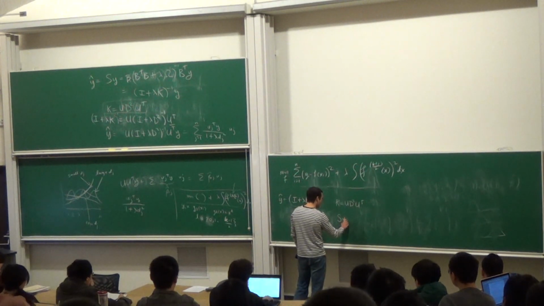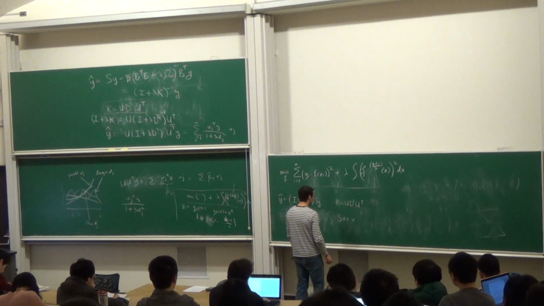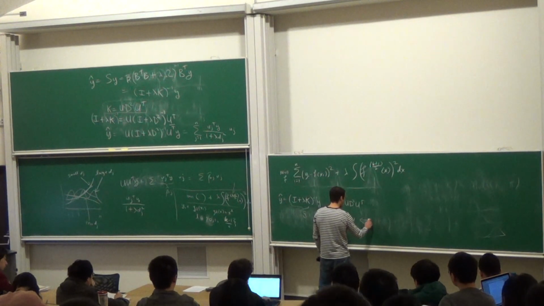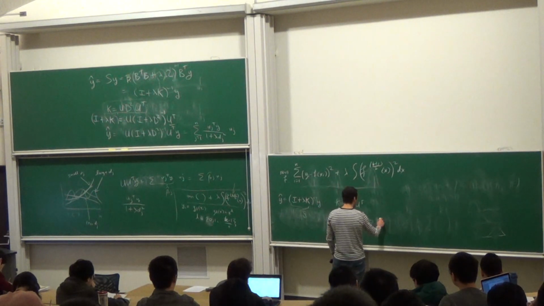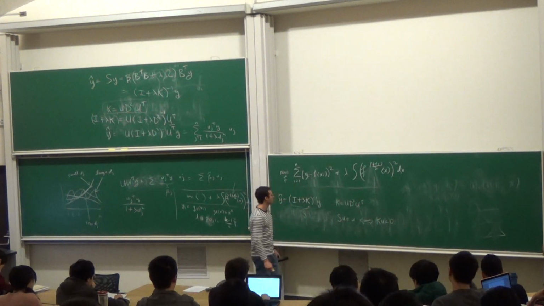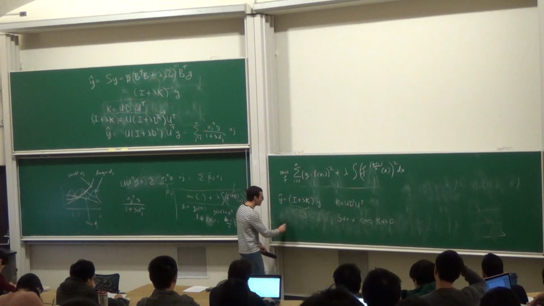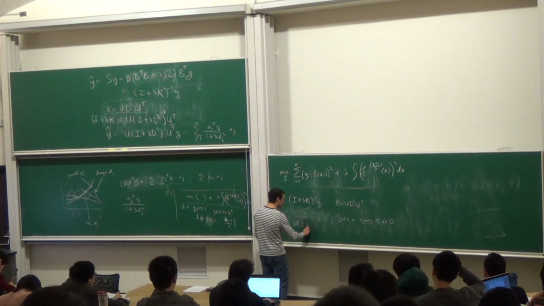If I have S u equals u, that's true if and only if k u is equal to 0. Actually, maybe just for that, it might be helpful to see this representation.